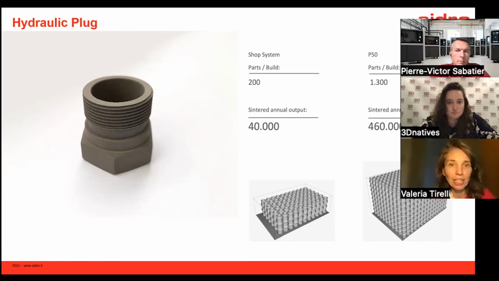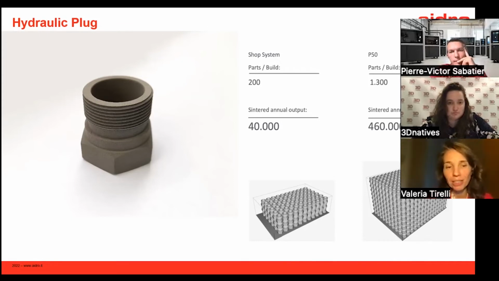So it's really a new possibility that we have for mass production of parts that have the same design as conventional manufacturing. Of course, we also tested the mechanical properties, and we tested these parts in our hydraulics test bench, and the results are really amazing. The component works exactly like the conventional ones.